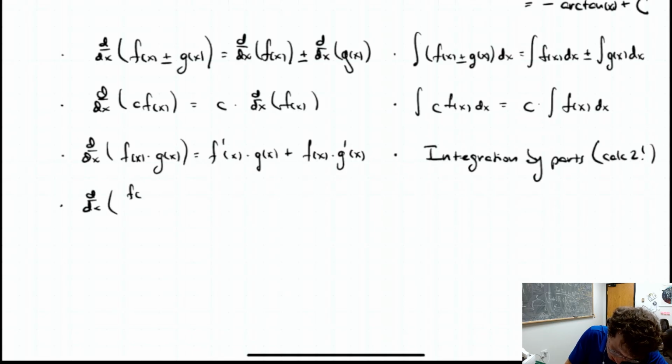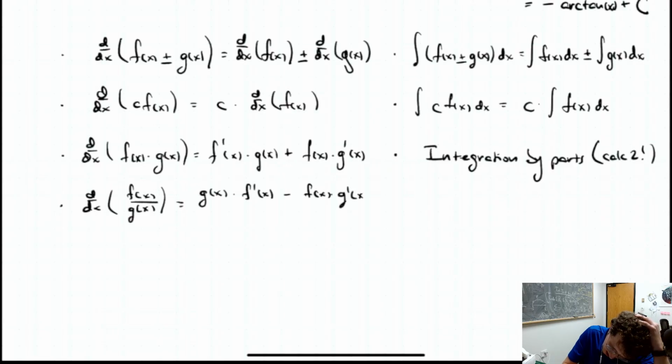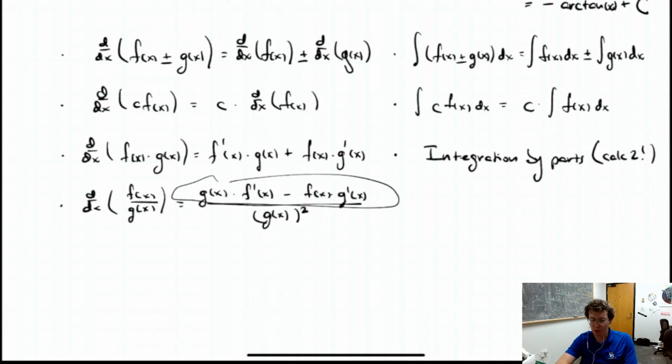When we differentiate a quotient of two functions, the quotient rule says we get, the mnemonic device I use is low D high minus high D low. Draw the line and square below. It is very important what order these terms go in.